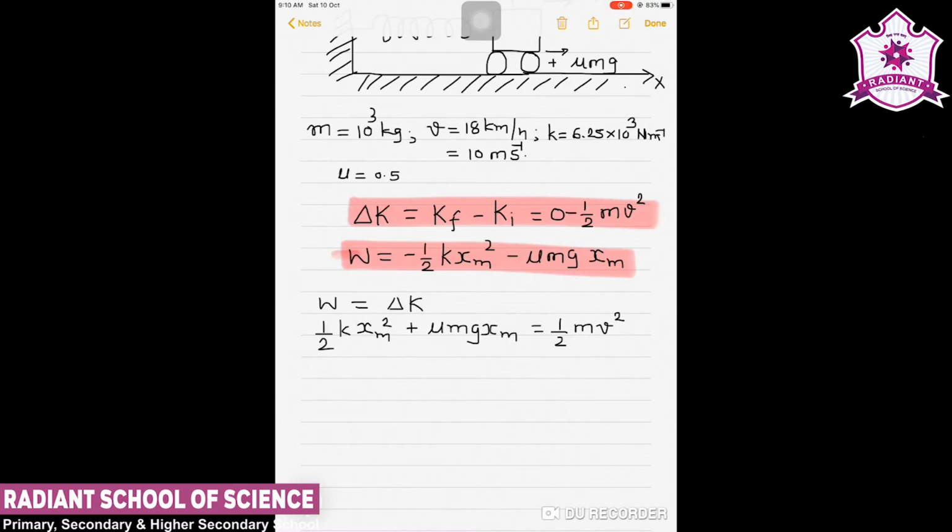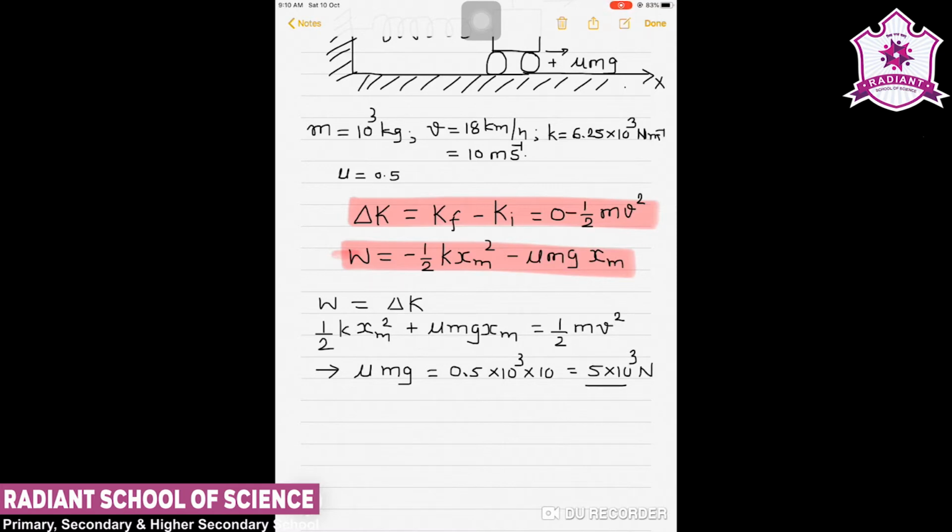Now mu mg is given: mu is 0.5, mass is 10 to the power 3, and g is taken as 10. We have mu mg equal to 0.5 into 10 raised to 3 into 10, that is 5 into 10 to the power 3 newtons.